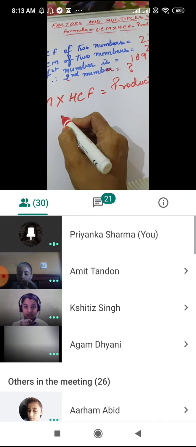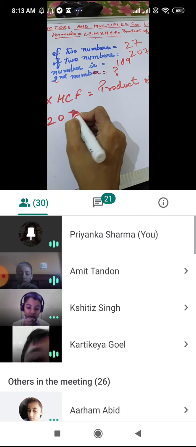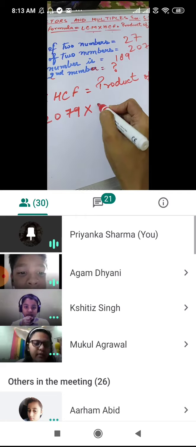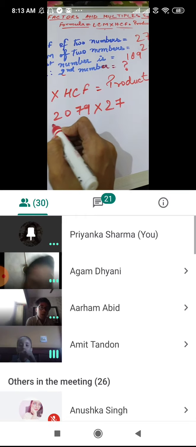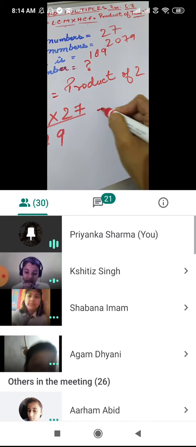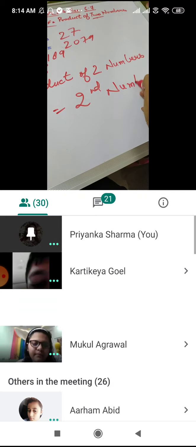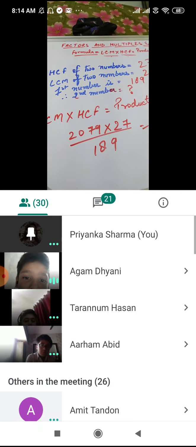Tell me now. How much is the LCM given? 2079 into 27 upon 189 is equal to second number. Yes.